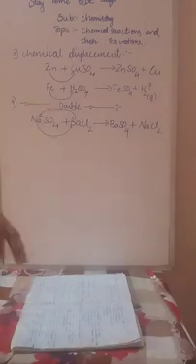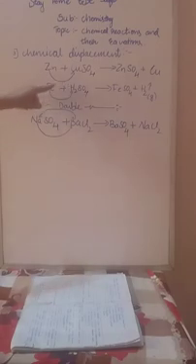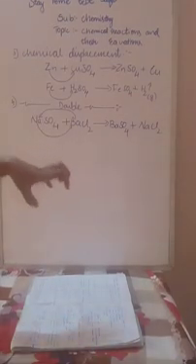So the sodium and the barium are exchanged with each other, displaced each other. Displaced means, as I told you now, exchanging of their places. In chemical displacement only one element exchanges its place, but here both the elements of the reactant side exchange their places. So that is called double displacement. Keep in mind, in chemical displacement one element has exchanged its place, but in double displacement both the elements of the reactant side exchange their places.